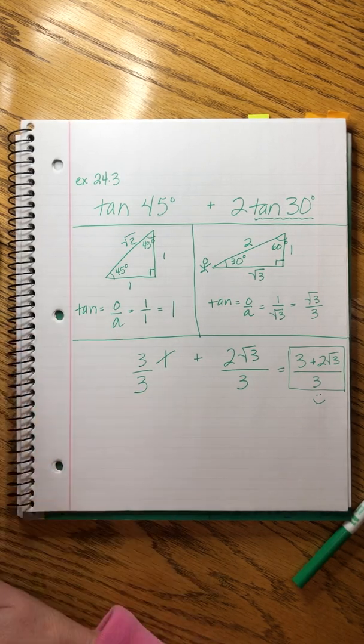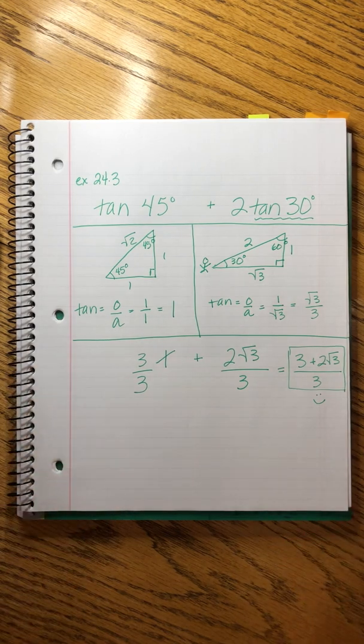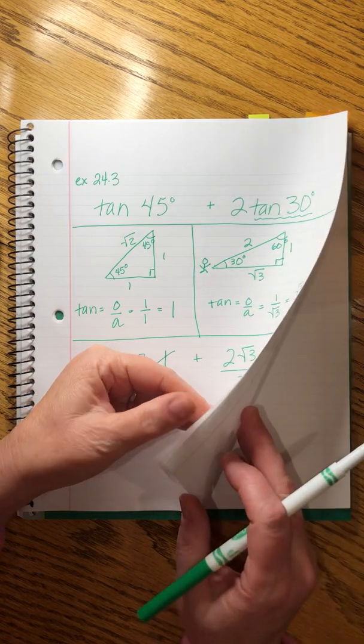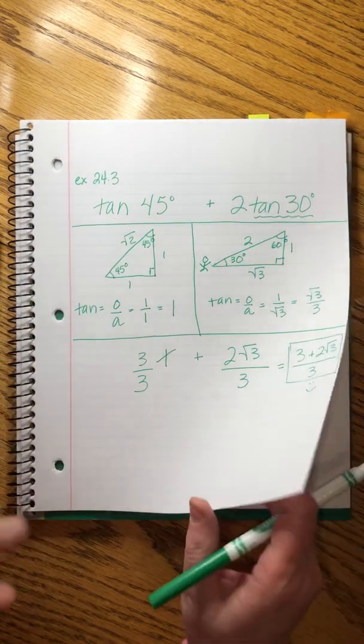We'll use it for greater purposes. But for the most part, we're just learning how to manipulate the numbers. So don't worry too much about where this is going or what it means. Just understand that we can do it. And we can do it using our trig, our special triangles, and it's all glorious and easy and kind of fun.